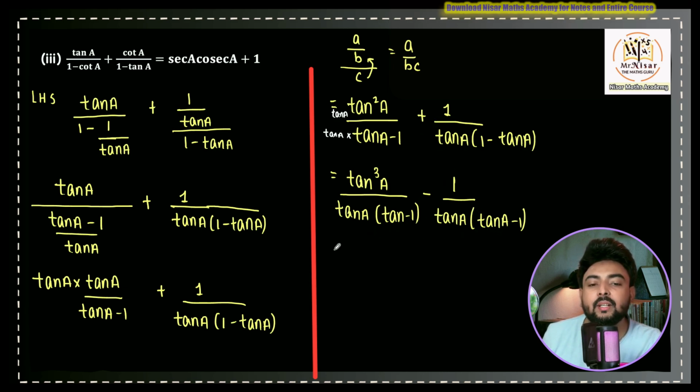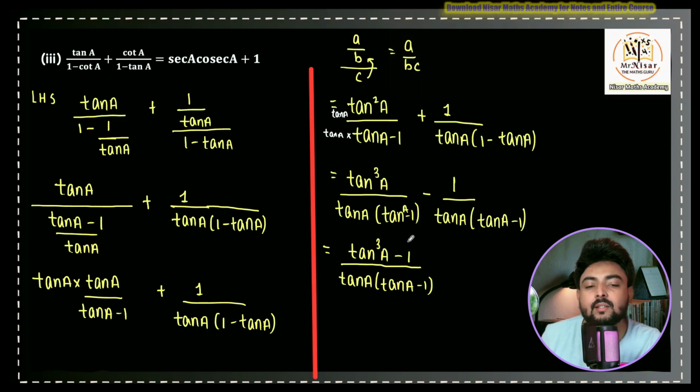Now the denominators are same, so we can write the denominator once: tan A minus 1. In the numerator, if addition is there, do addition, if subtraction is there, do subtraction. I have just combined the denominators. Okay, let's go ahead.